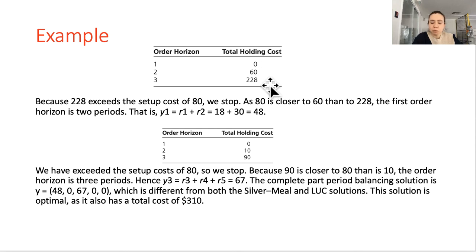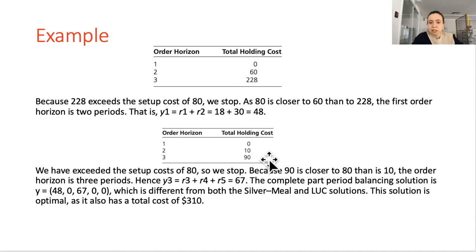And we come to the third period and we again make the same calculations. We calculate the total holding cost for if we make a plan for 1 period 0, then 2 periods it is 10, then 3 periods it is 90.